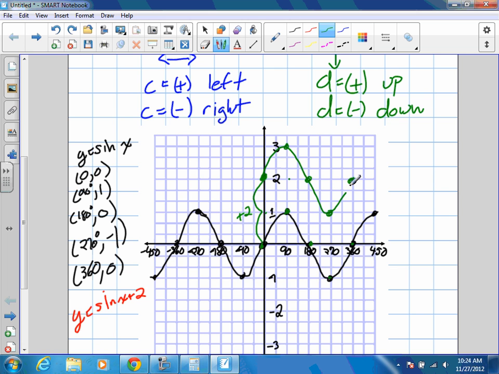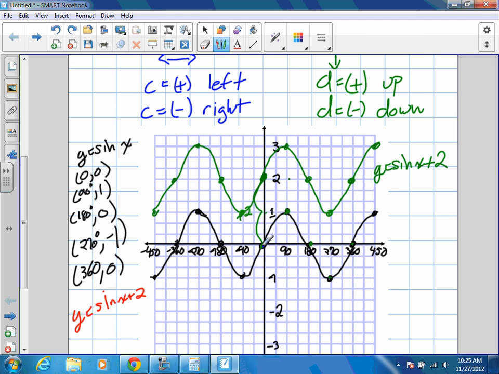From there, I can continue my pattern. There we go. So this is our y equals sine x plus 2. All it is is a vertical shift up 2 units. Had that been negative 2, what would we have done? We would have just taken those 5 major points and moved them all down 2, and we would have had something like this 2 units below.